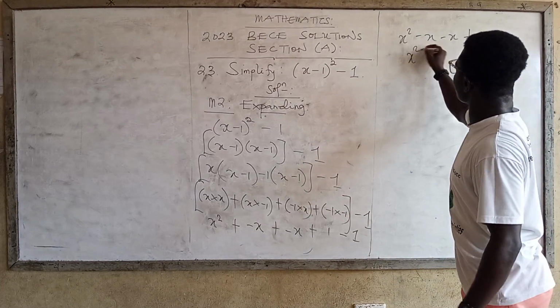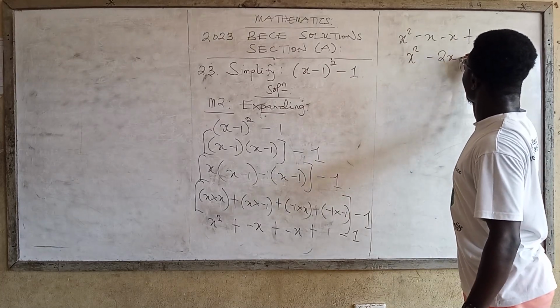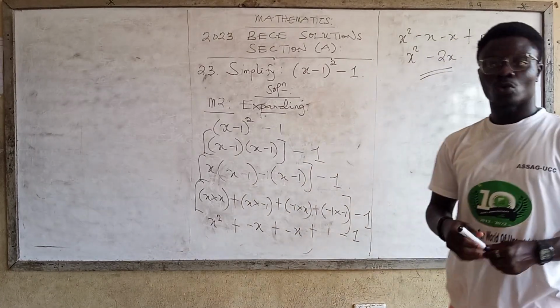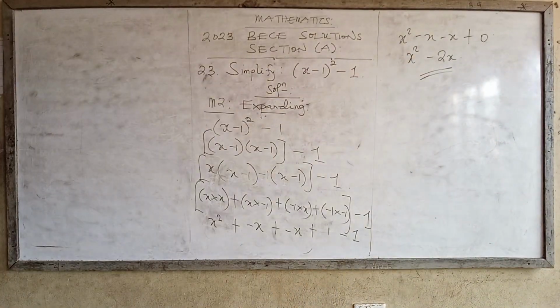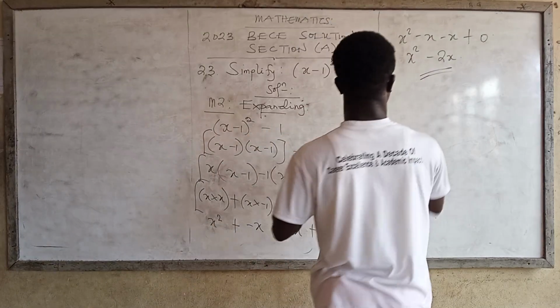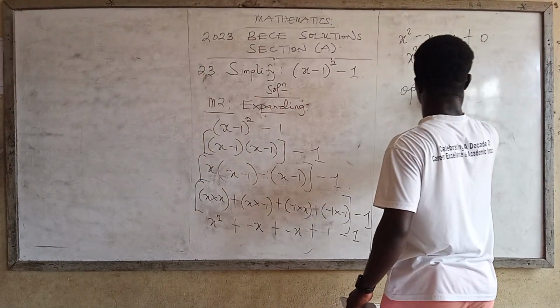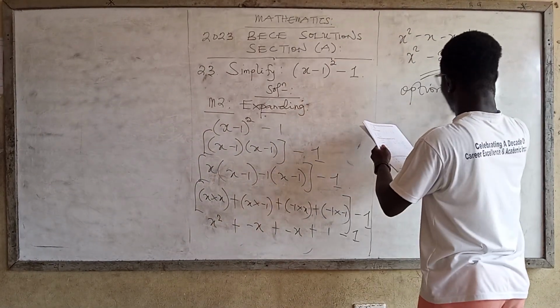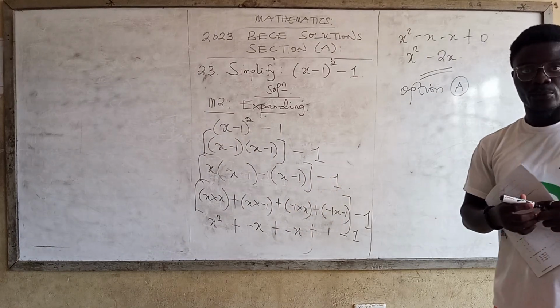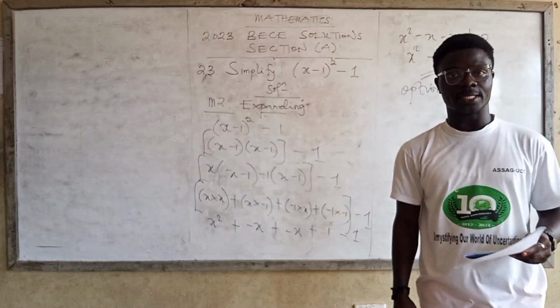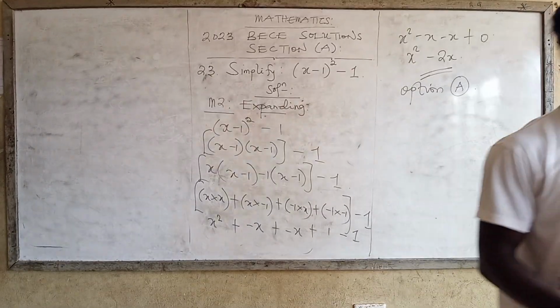So I have x squared minus 2x, which is very simple. So which is option A. A for apple. Let's proceed to question 24.